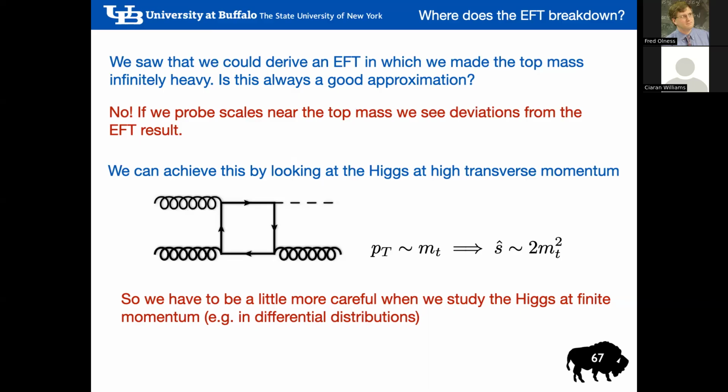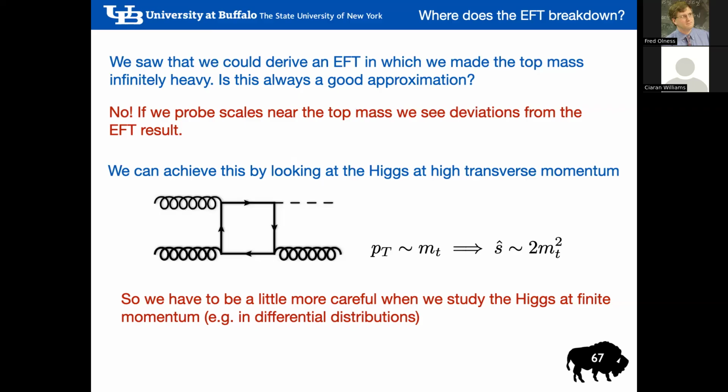It's part of what we would call the real radiation at next to leading order. Now, in our experimental landscape, we would have our initial state gluons colliding and our Higgs now recoiling against something. So our Higgs is now at a non-zero PT. This type of diagram is seen in the recoil of the Higgs, so you see it in the transverse momentum spectrum.